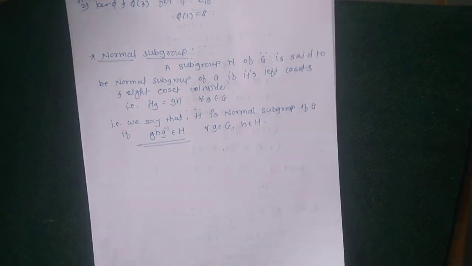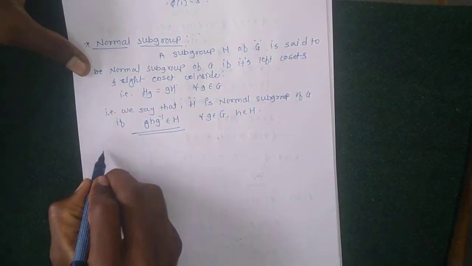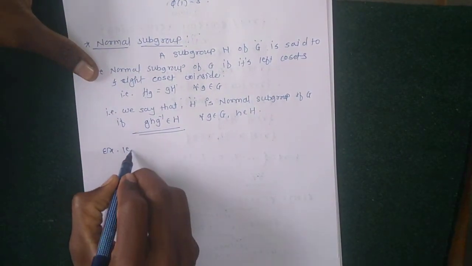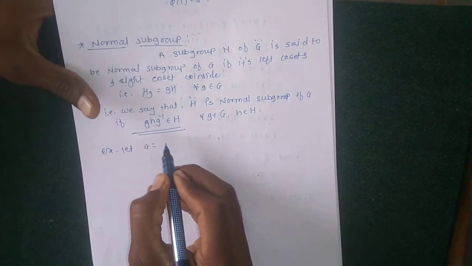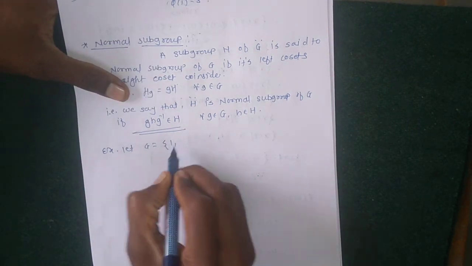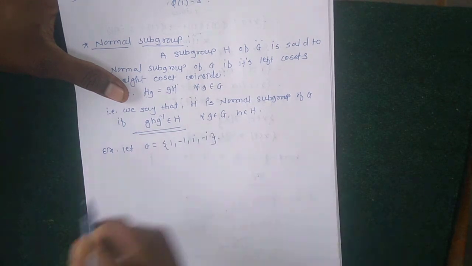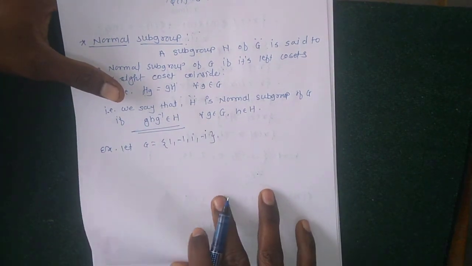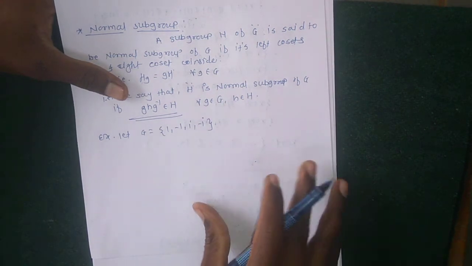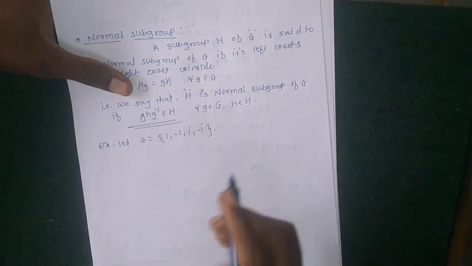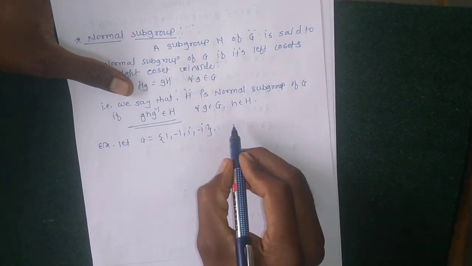Example on that definition. Let G equal to the set {1, minus 1, i, minus i}. This group G is a group under multiplication, and suppose H equal to {1, minus 1}.